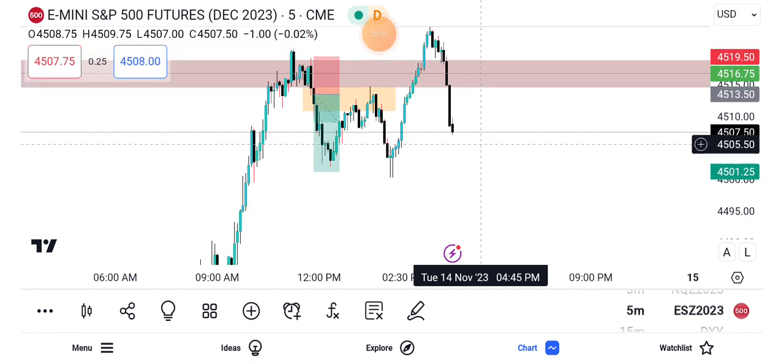So those were the two trades. I guess one TP was hit, but on the other one the stop loss was hit, and I guess my stop loss placement was not at 100%, but it was a fair trade, a good trade.